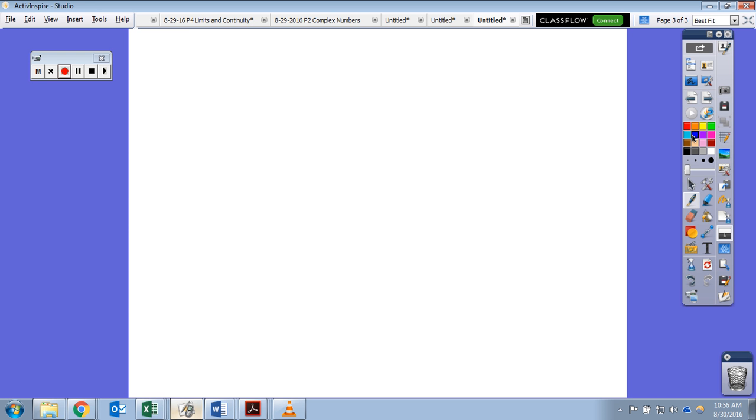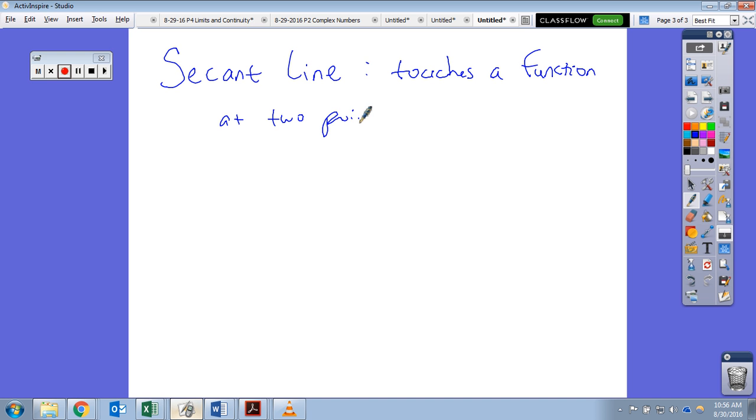So let's get some terminology here. Secant line: this is a line drawn that touches a function at 2 points, and its slope provides the average rate of change.